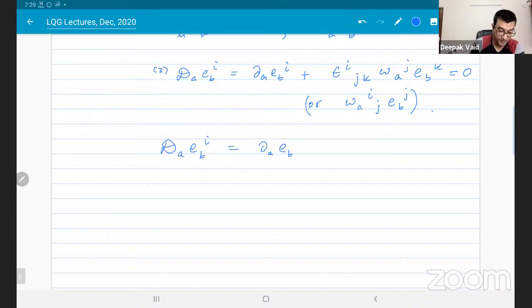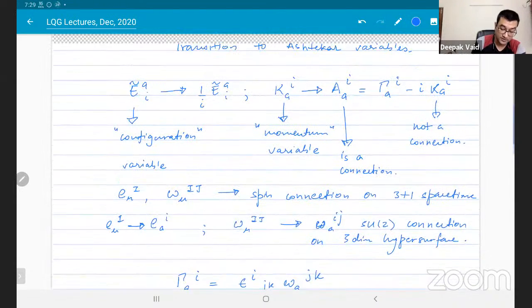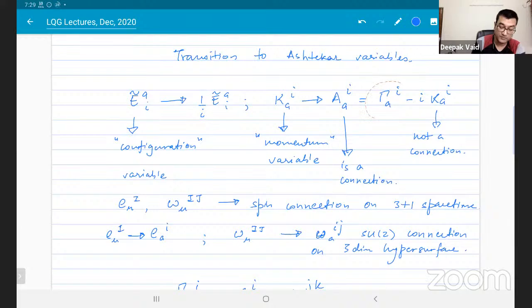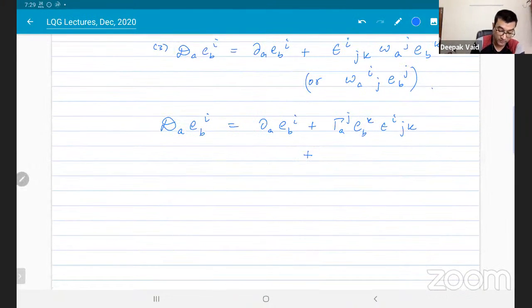You get D_A E^b_I plus omega_AI omega_EJ E^b_K epsilon IJK, right? This is just the part coming from this spin connection. And then you get a contribution from this extrinsic curvature one form, which looks like this: K_AJ E^b_K epsilon IJK.